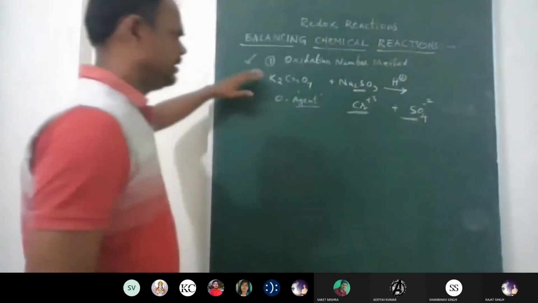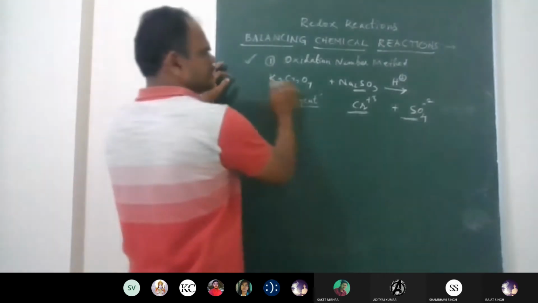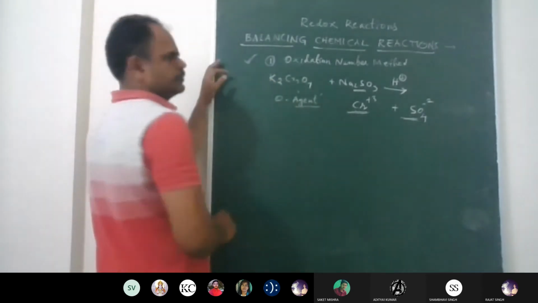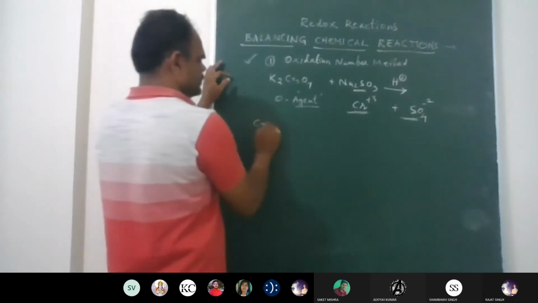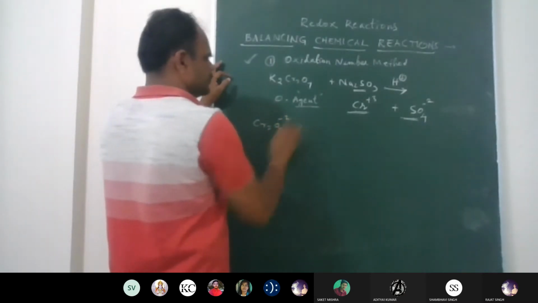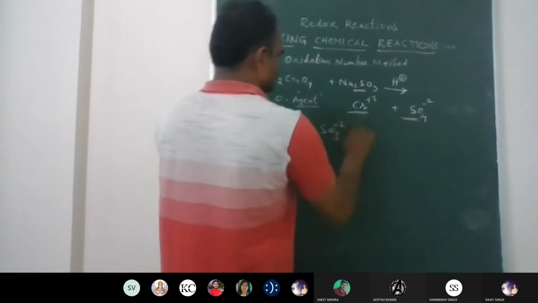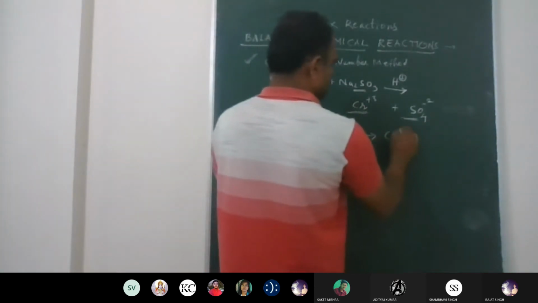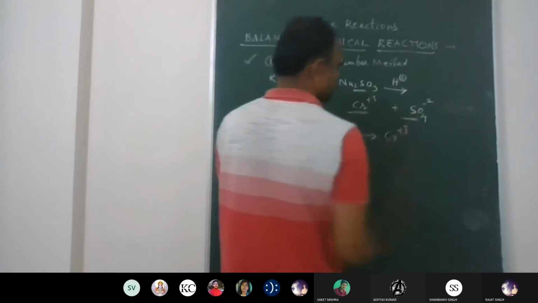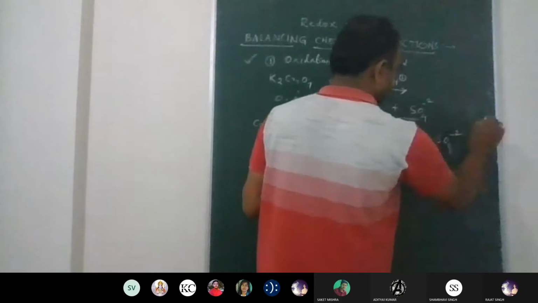Here potassium and sodium are spectator ions, so I am not writing them. I am writing in ionic skeleton form: Cr2O7 minus 2 aqueous plus SO3 minus 2 gives rise to Cr plus 3 chromic ions plus SO4 minus 2 ions.